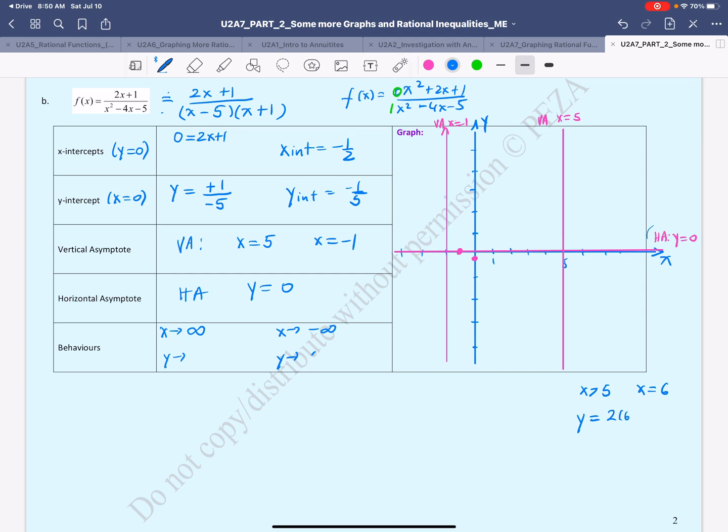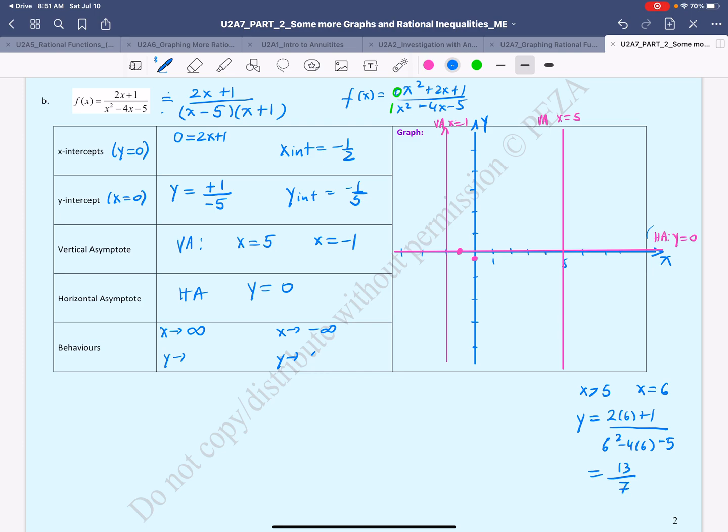So (2 times 6 plus 1) over (6 squared minus 4 times 6 minus 5). This will be 13 over 36 minus 24 minus 5, so 36 minus 29, that's 7.